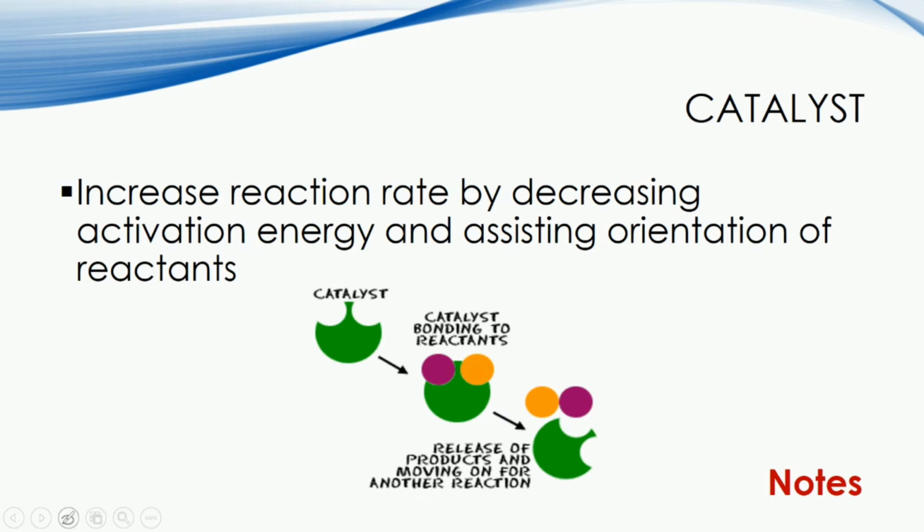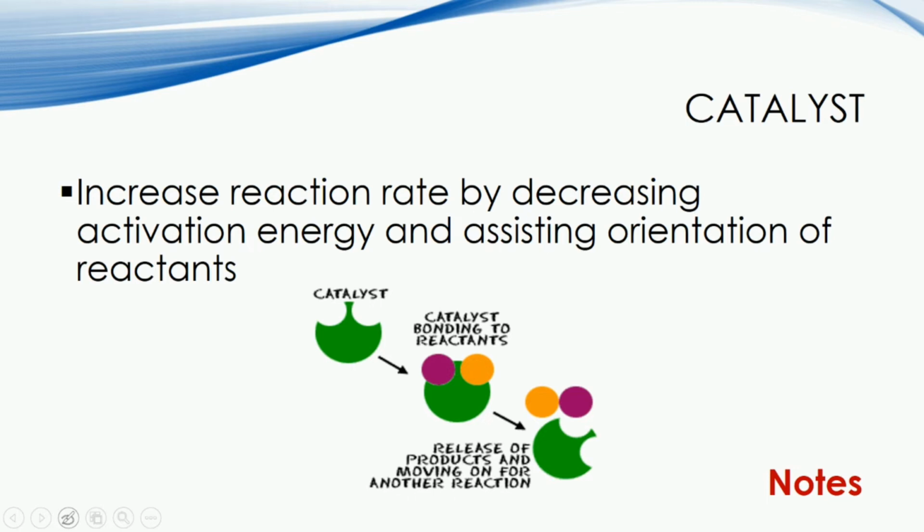Now, what a catalyst really does is that it helps in the orientation of the reactants. So even though some of the particles and the molecules that we talk about will collide and randomly happen to collide in the correct orientation, every single time for those collisions, there's going to be energy that is needed.